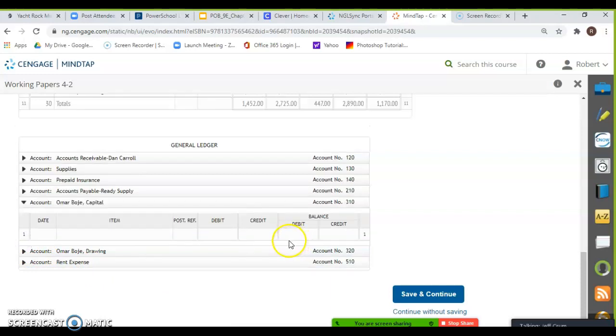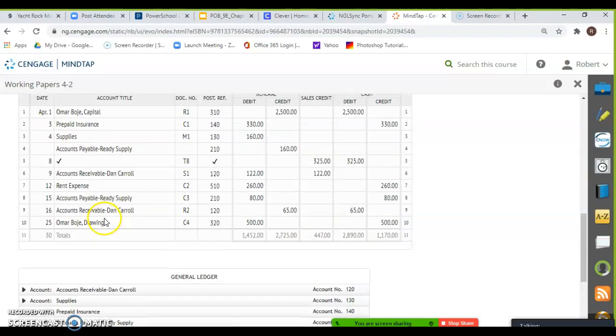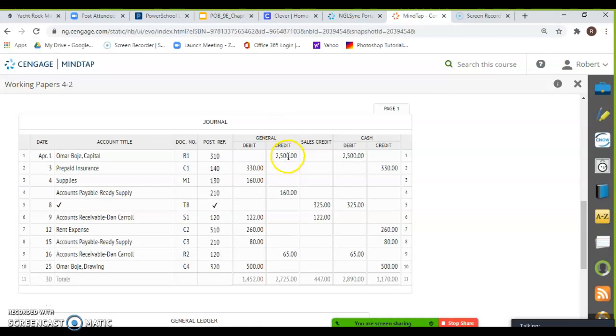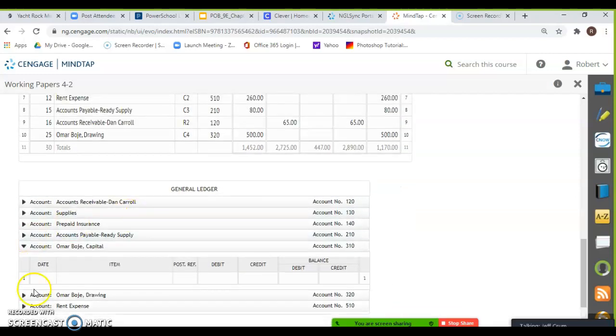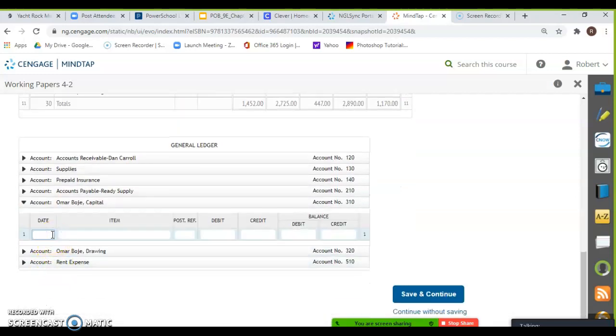So then we'll go down to capital account, April 1st, a credit of $2,500. Page 1, credit $2,500, makes the new balance $2,500.